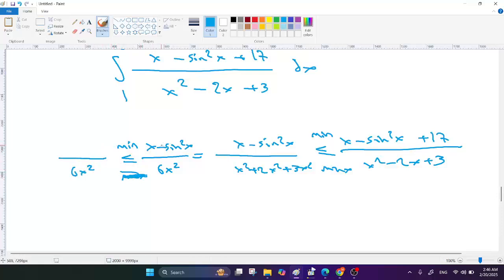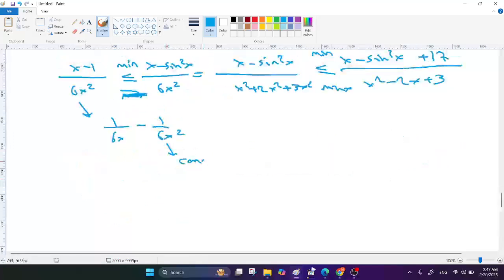For x minus sine squared x, it will be x minus 1, because the largest value of sine squared is 1. So the least value of this one is x minus 1, because when you subtract, you are making it less. So now this one equals 1 over 6x minus 1 over 6x squared. Good? Yes, it's good.